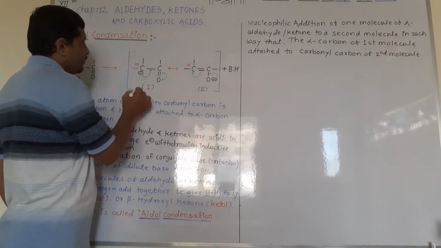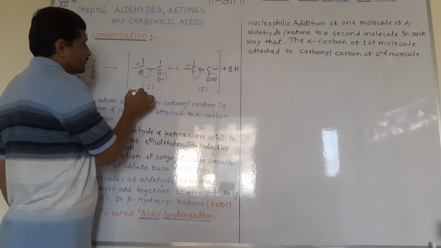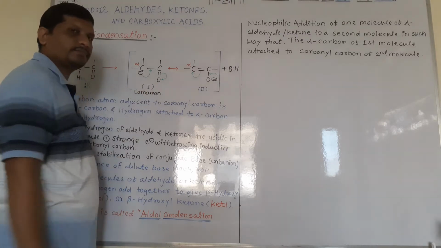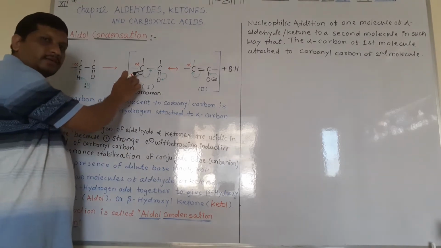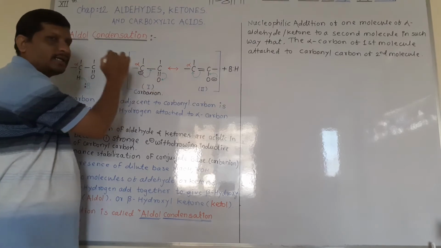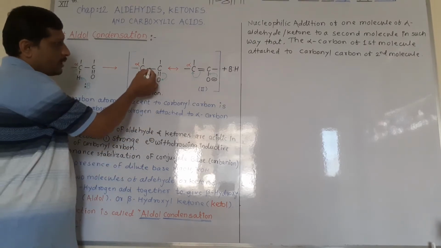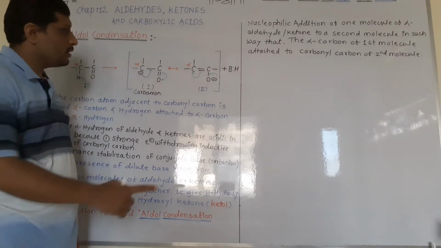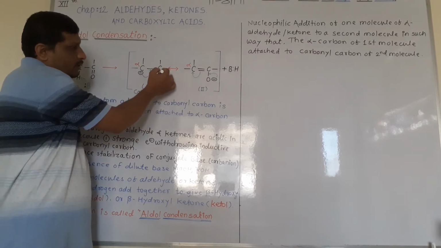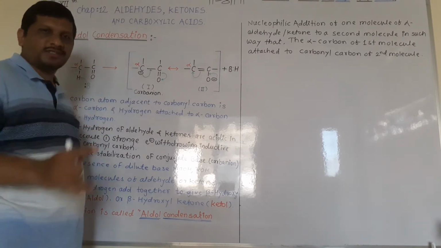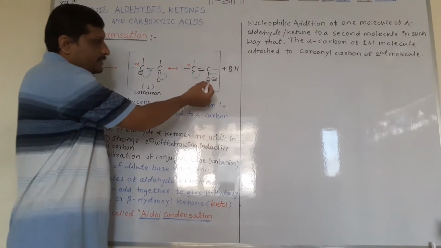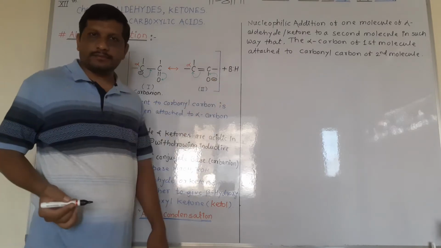Now here we can write down the carbanion, and this nucleophilic group can shift to the carbon-carbon single bond to create a double bond between the carbonyl carbon and alpha carbon, and the double bond of carbonyl carbon and oxygen shifts to the oxygen atom, creating a negative charge on oxygen.